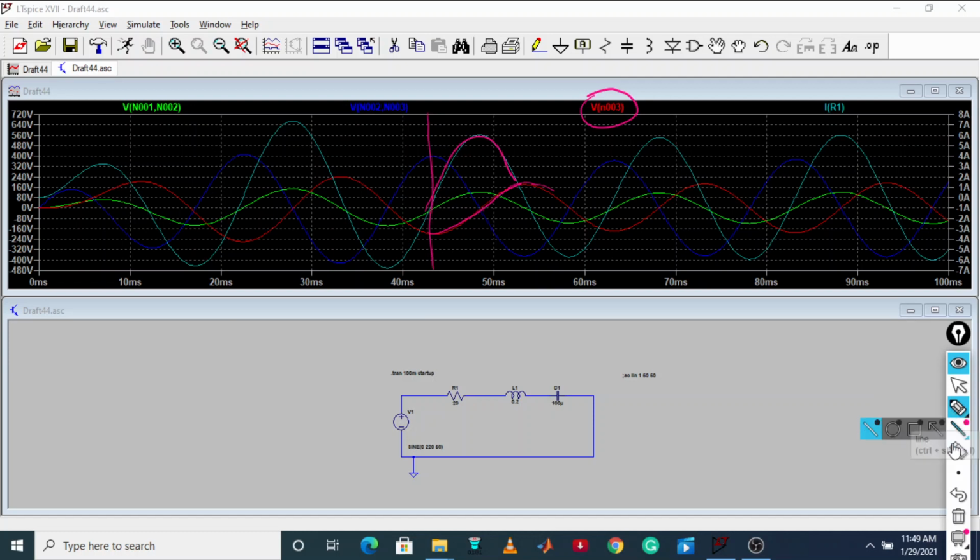Now if you see the inductor case, the blue one is your inductor, and if I start from here and take this way, you see the current is lagging.